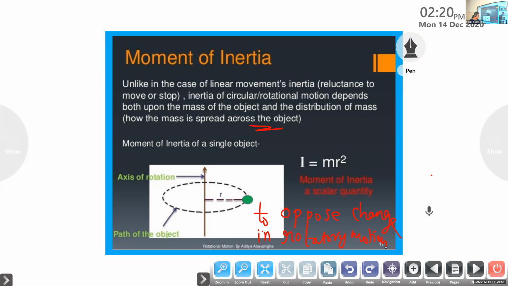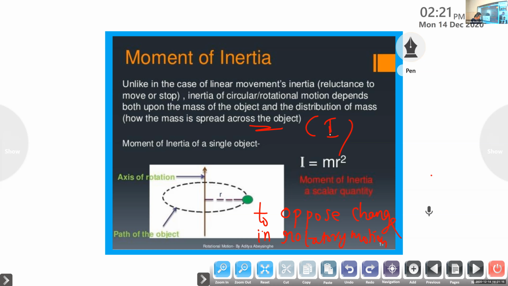And how can we measure the moment of inertia? Moment of inertia we represent with the capital I. How can you calculate it?